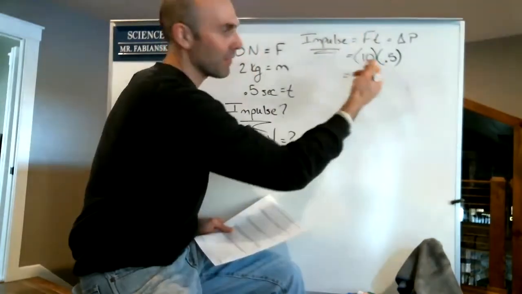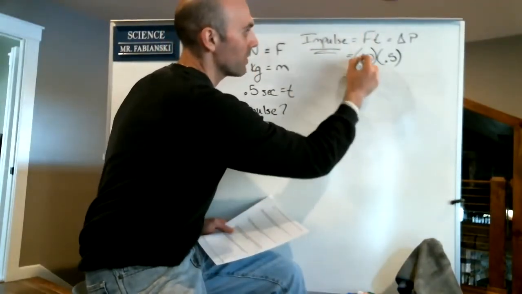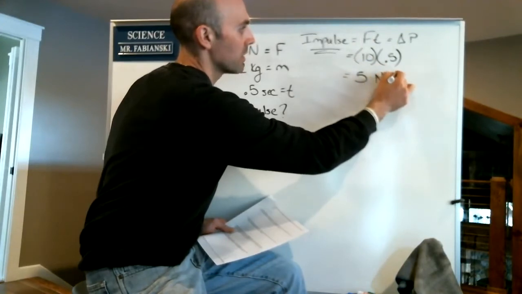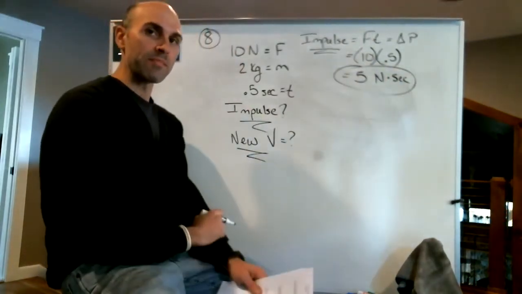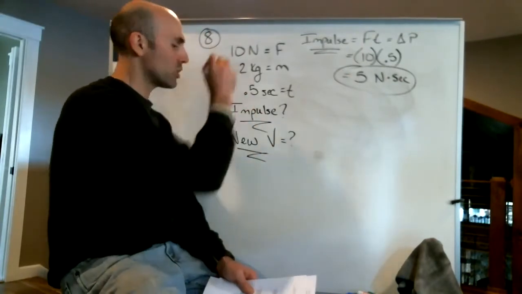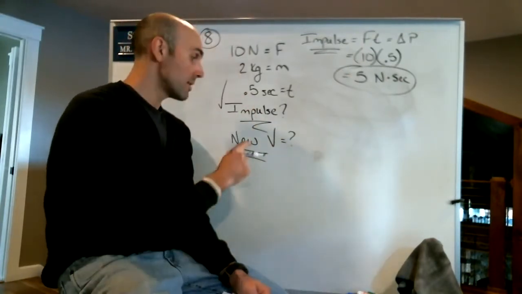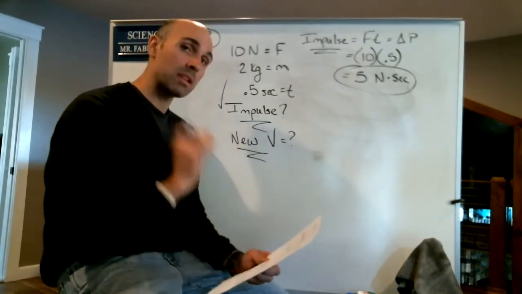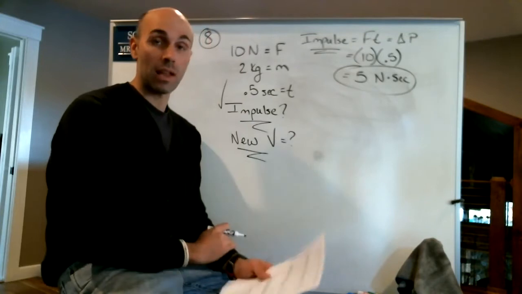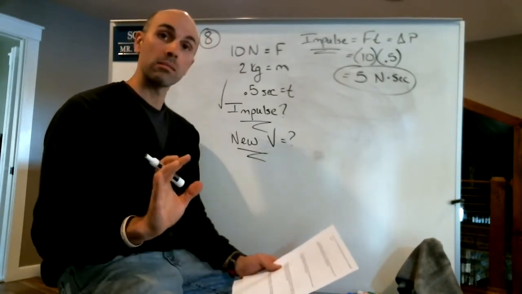Just 5. 10 times a half is 5. 5 newton seconds. There's our impulse. So you just found that one. Check. Done. Now we have to find out if it was originally traveling at 10 meters per second, what is the new velocity?